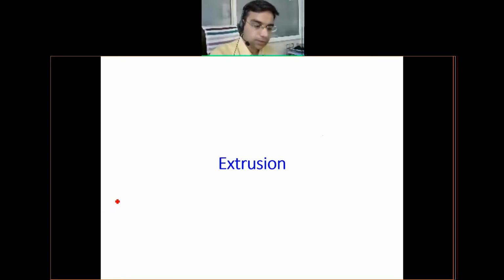So we start with the next topic in the forming process, that is about extrusion. Extrusion is another important process to make several products. This is also a deformation based process based on plastically deforming the material and then imparting shape to it.